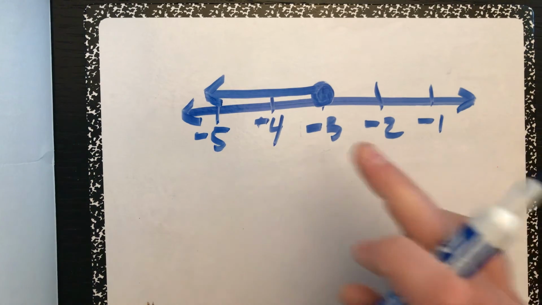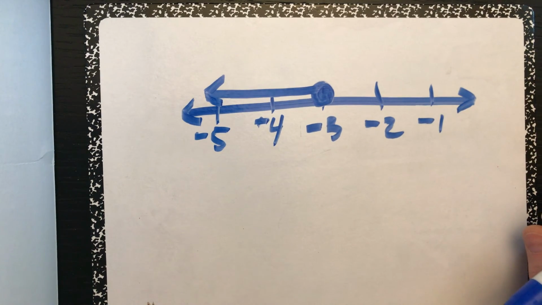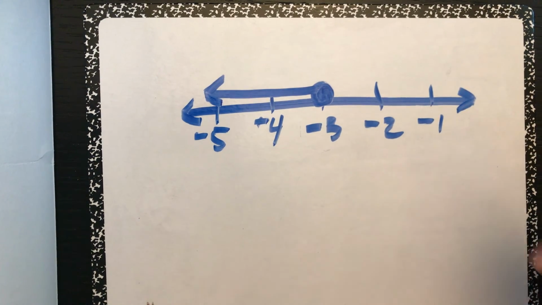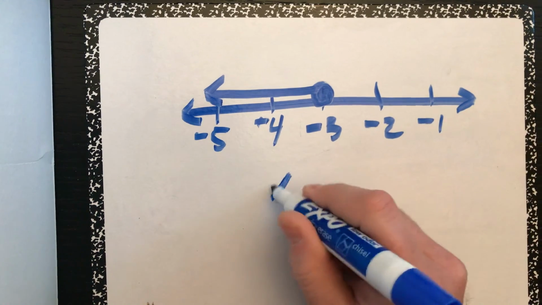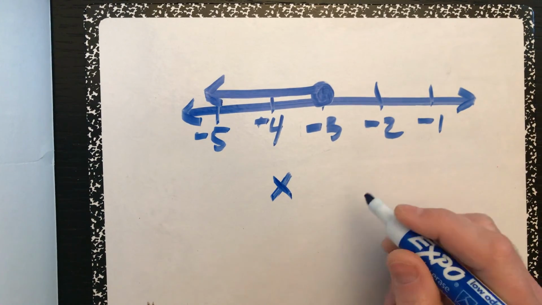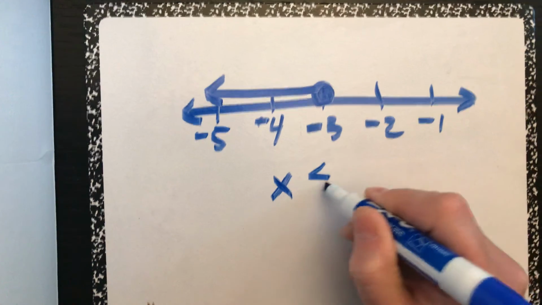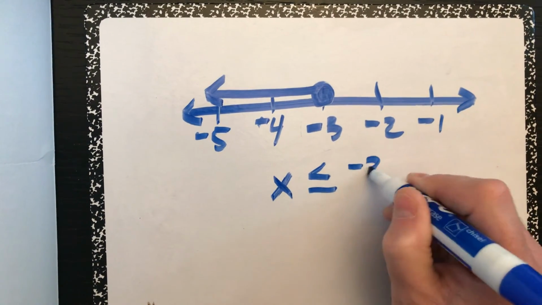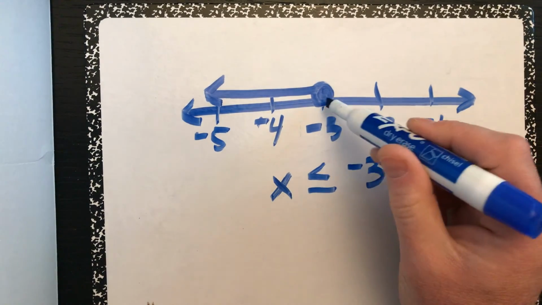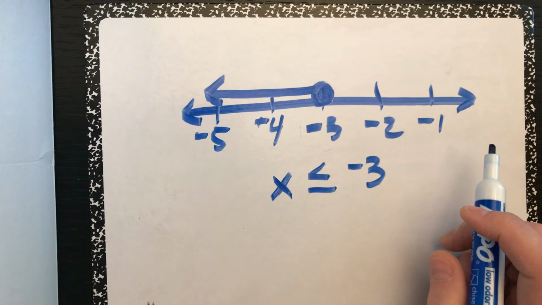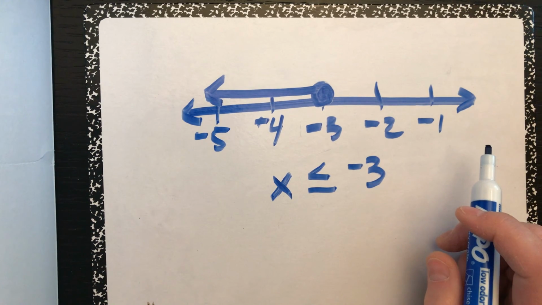So if they want us to write an inequality based on that, you can just choose any variable. I'll just choose x. That means x has to be less than or equal to negative 3. Remember, we're including the negative 3 here, because it's a filled-in circle.